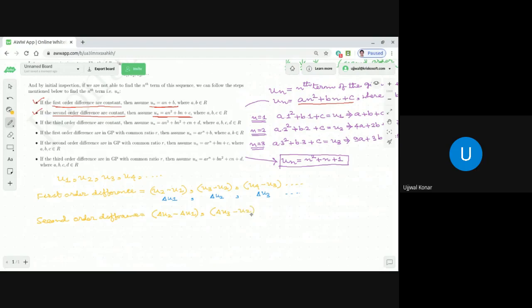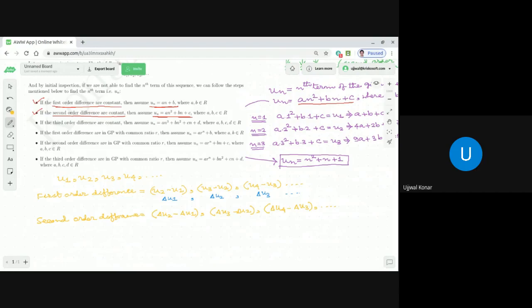Correct or not? Then delta u4 minus delta u3, and so on. That is the second order difference.